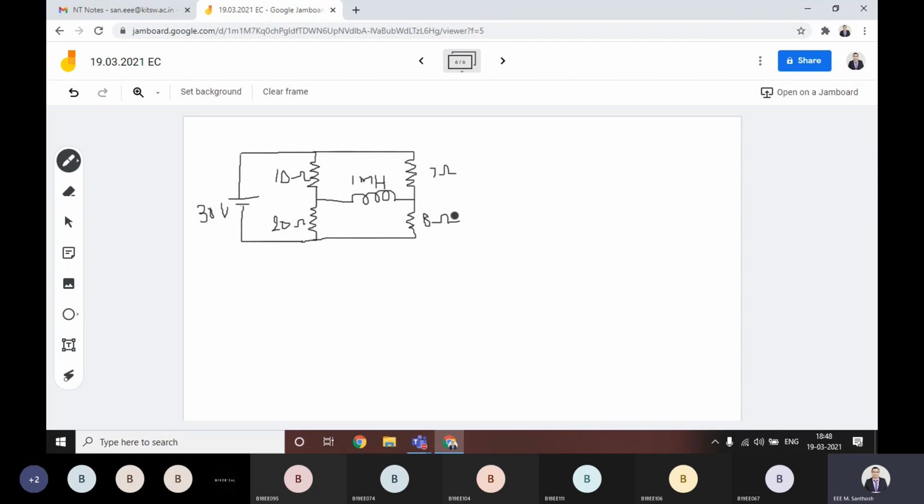Find the energy stored in the inductor. For this circuit, find the energy stored in the inductor.